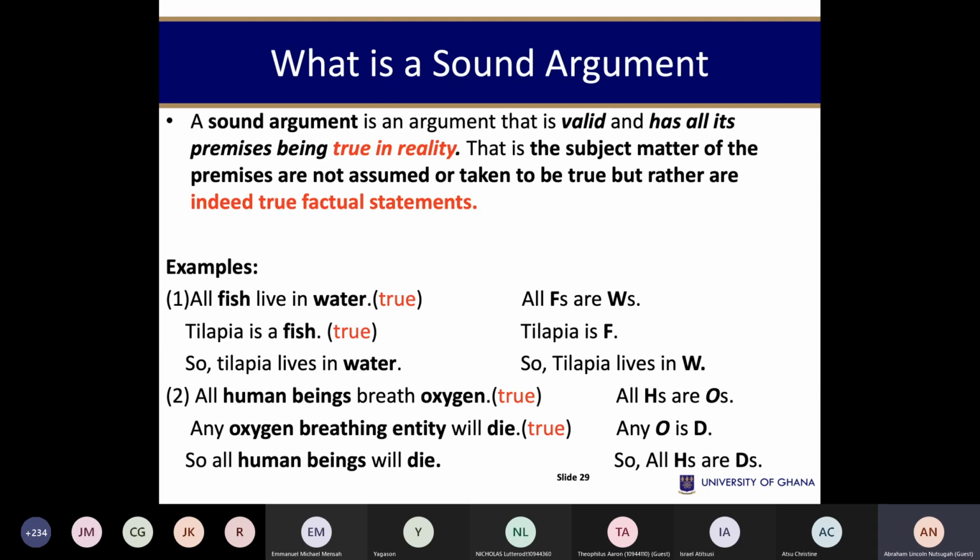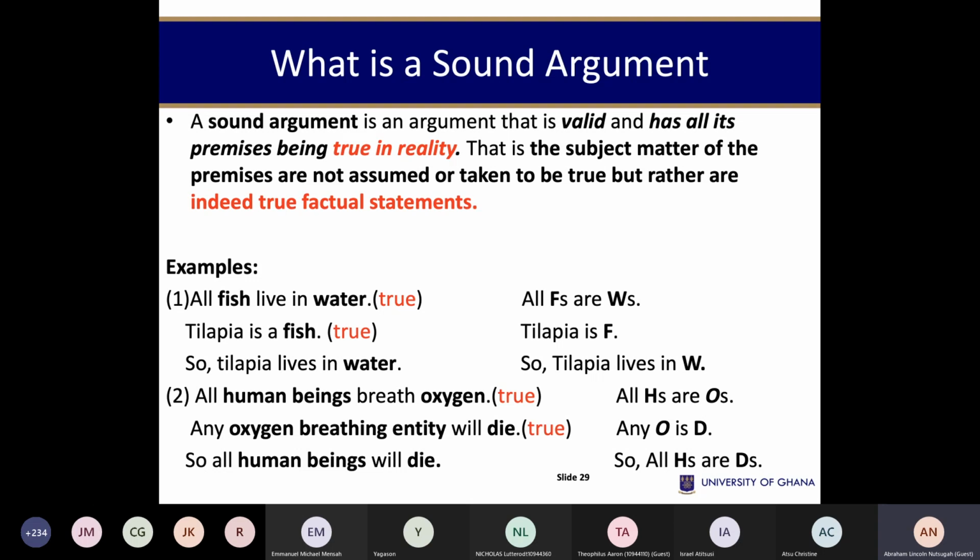So what we mean by an argument being sound is that the premises of the argument are true in real life. That indeed premise A is true. Indeed premise B is true. Then the conclusion will be true.